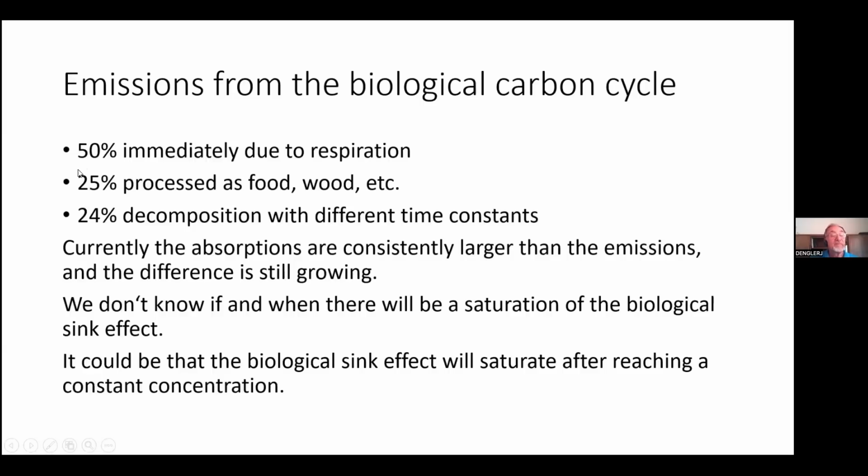Then I was surprised to find that 25% of plants' growth is eventually processed either as food for animals and humans, as wood for furniture or firewood, or for other purposes. So a lot of it, a quarter, is used for purposes for us humans. And then we have 24% decomposition with different time constants.